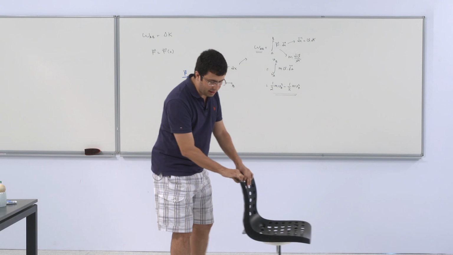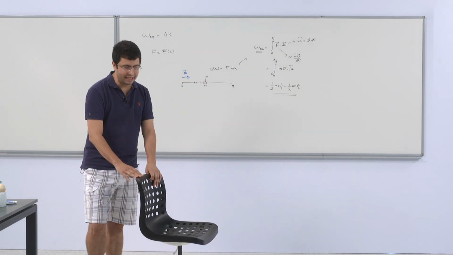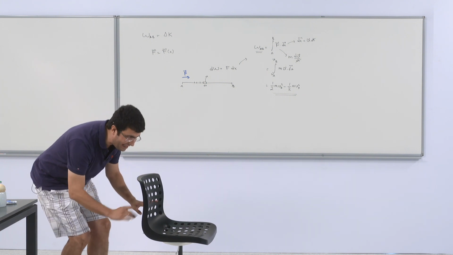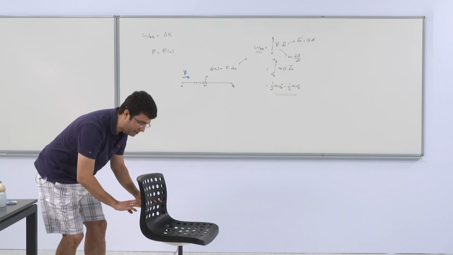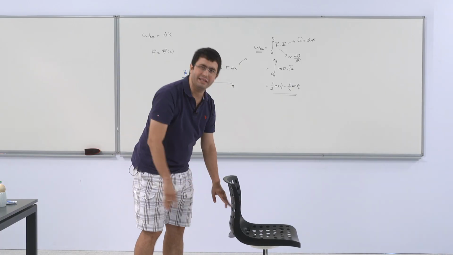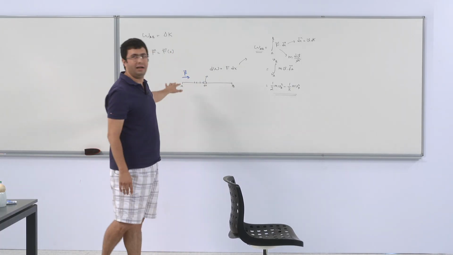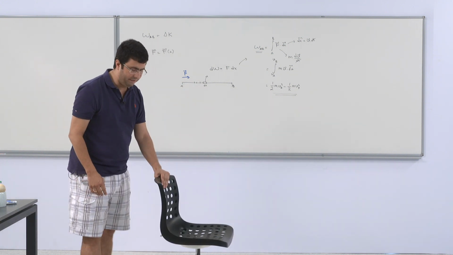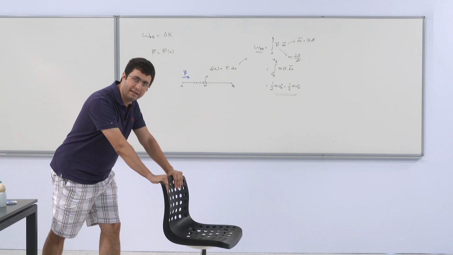In order to do that, I'll apply a force. Let's first apply a force that's parallel to this path. So I apply a force in the x direction. Let's say this is my positive x direction. I apply a force in this direction, and that's fine. But that's just the one-dimensional problem that we just sorted out. What I can do instead is apply a different force. Let's say I apply a force like this.